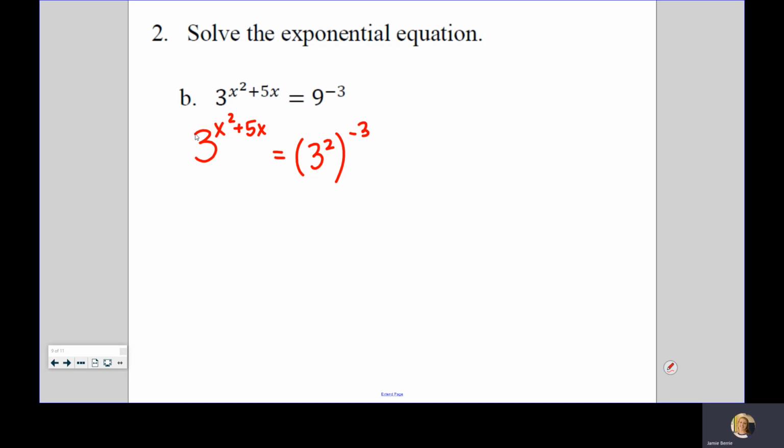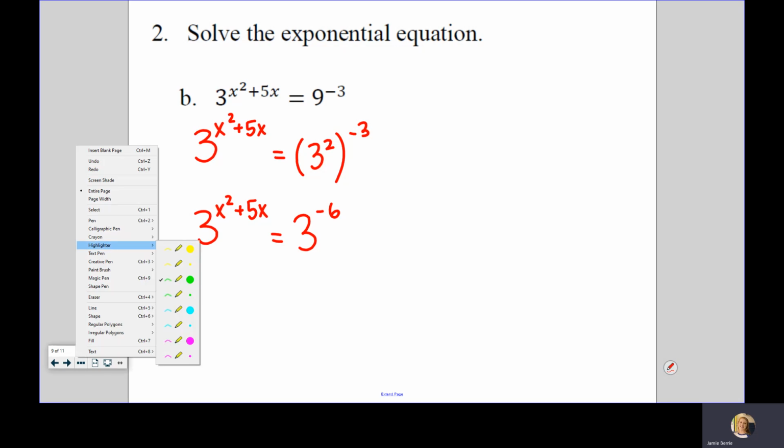All right, so combine your exponents. We have a power to a power, so we multiply them. So that's 3 to the negative 6. You now have the same base, so you can just set the exponents equal to each other.